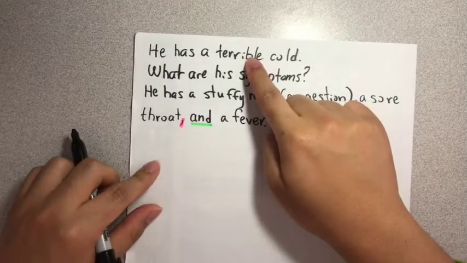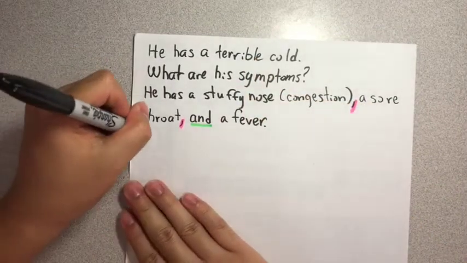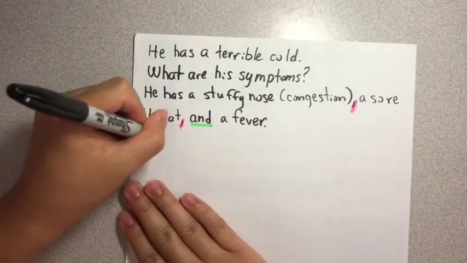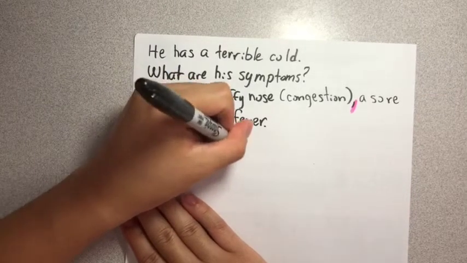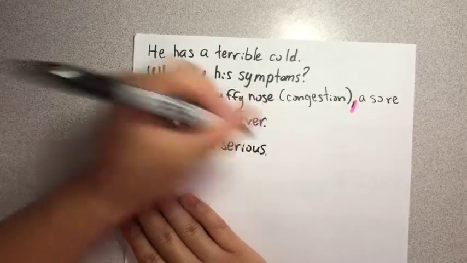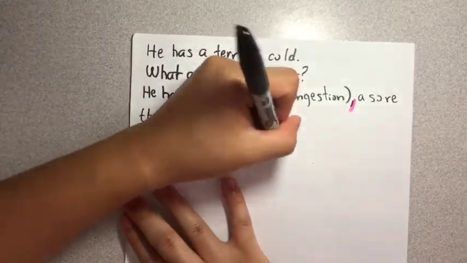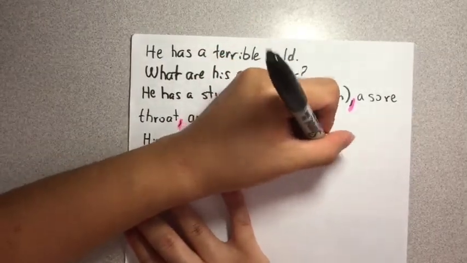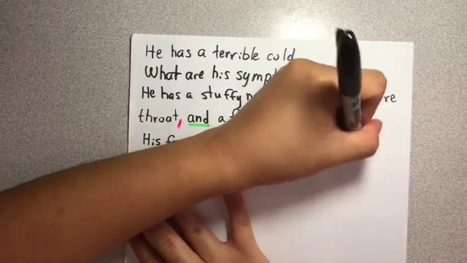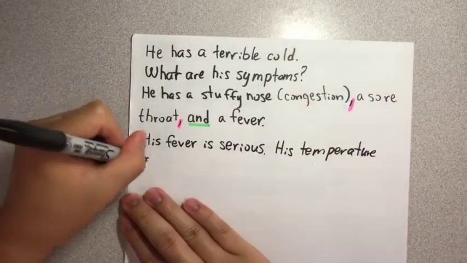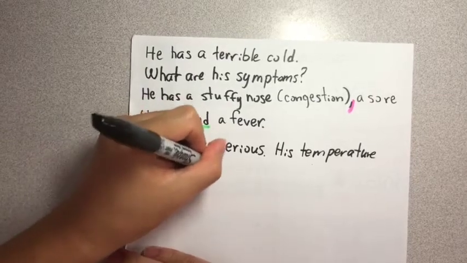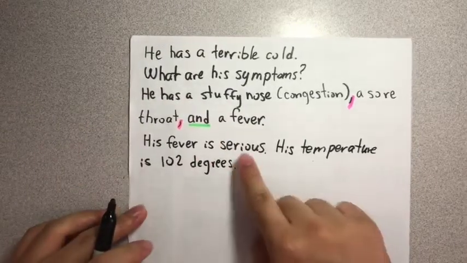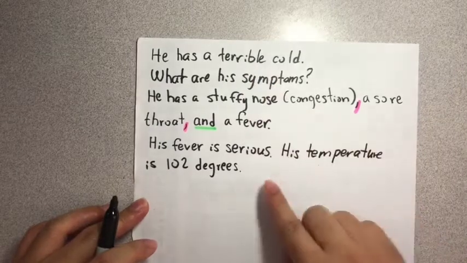He has a terrible cold, so his symptoms are serious. His fever is serious. His temperature is 102 degrees. His fever is serious because he has a terrible cold.